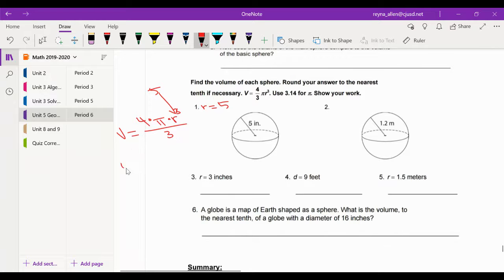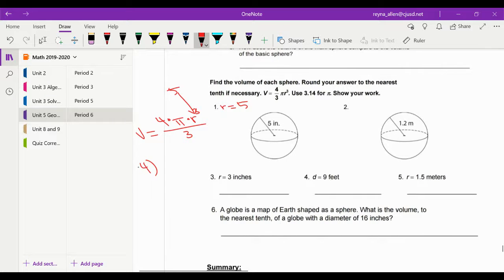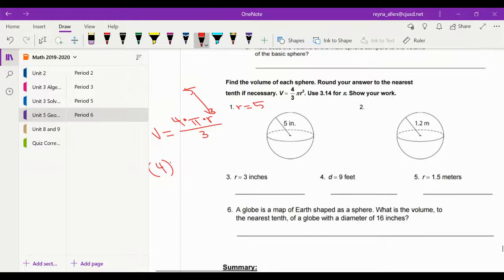Okay, so 4 times pi times 5 times 5 is 25. 25 times 5. Let's see. 125. I know, guys. My brain doesn't work on quarantine either. Okay. Now multiply all the top and then divide by 3.